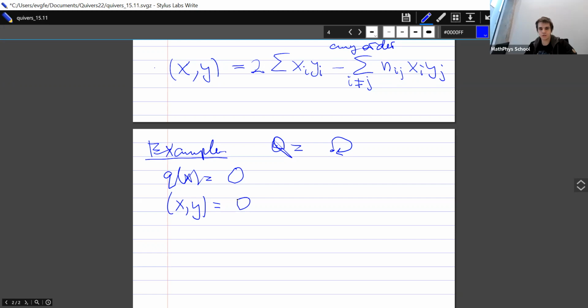So is it true that in the case when we don't have cycles in the quiver, this bilinear form will be non-degenerate?